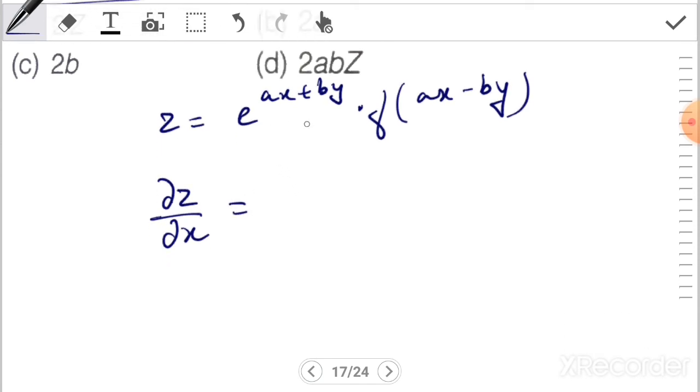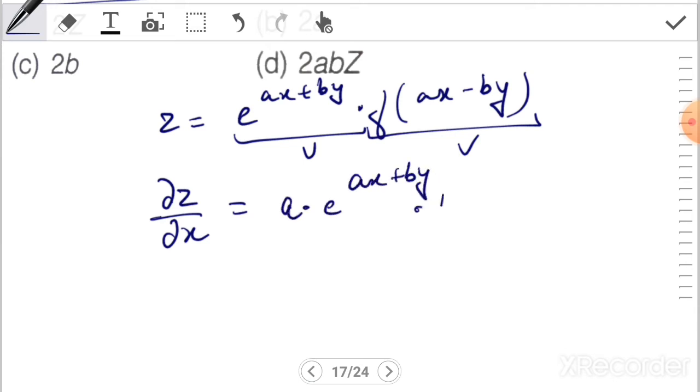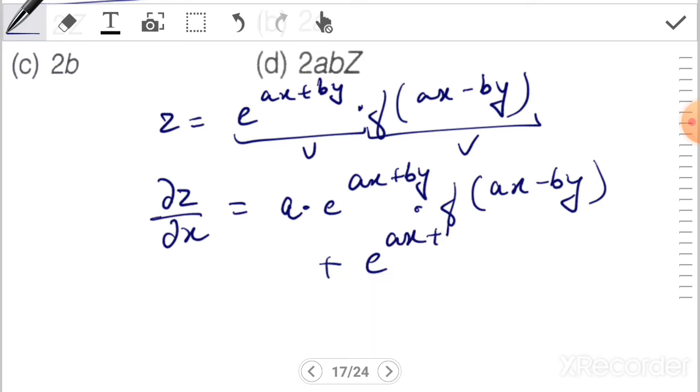This is in the u into v form. Now take u as constant. So e to the power (ax plus by) f dash (ax minus by) and a.